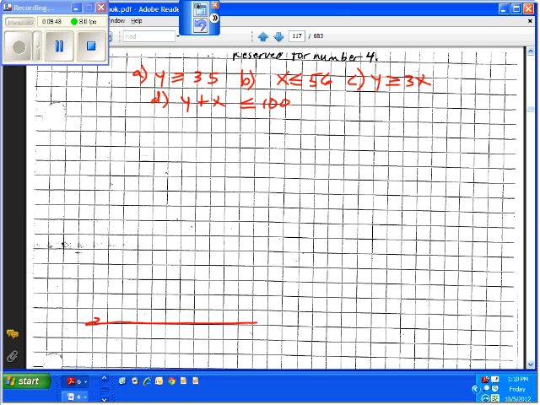Now, we need to figure out where our origin's going to be. Bear with me. I'll try to make this straight. Now, X is sweatsuits and Y is jackets. Is that correct?